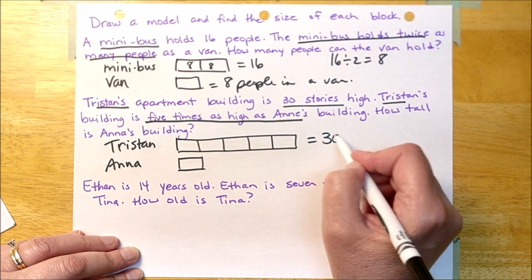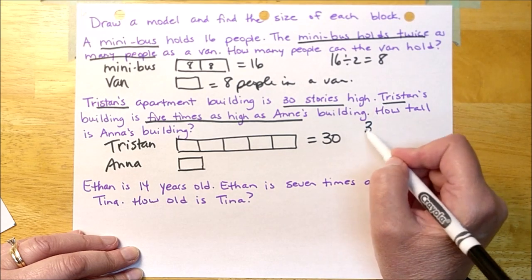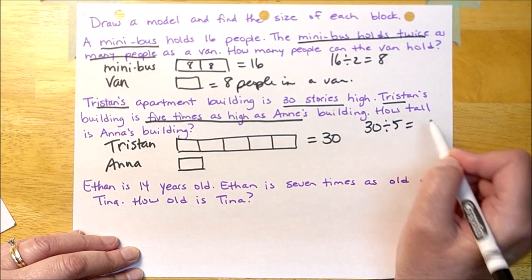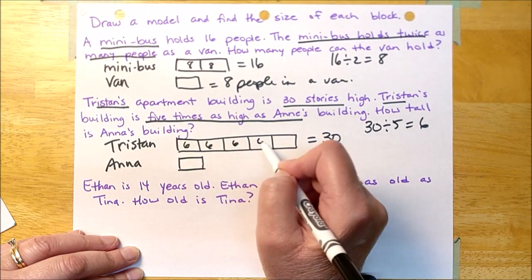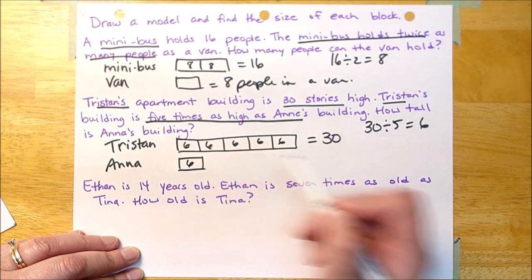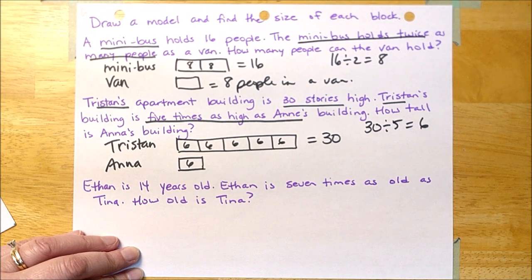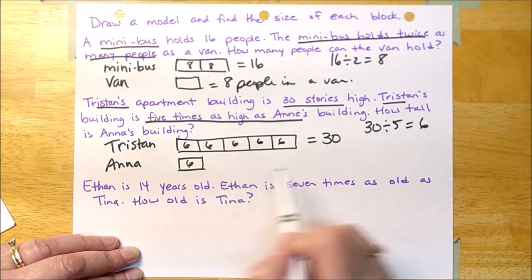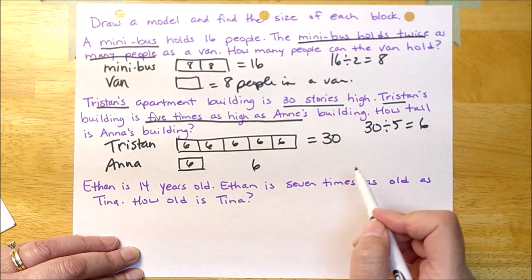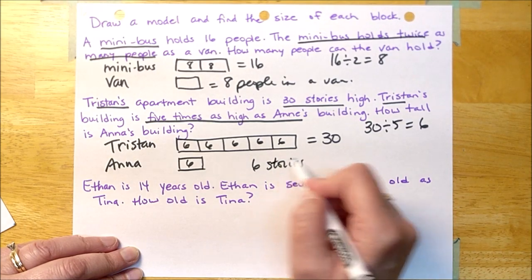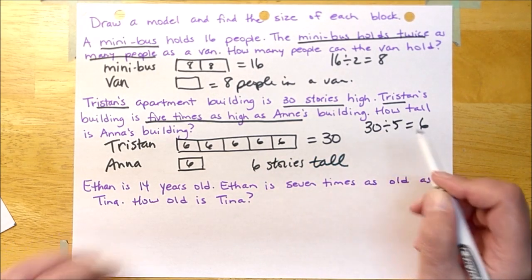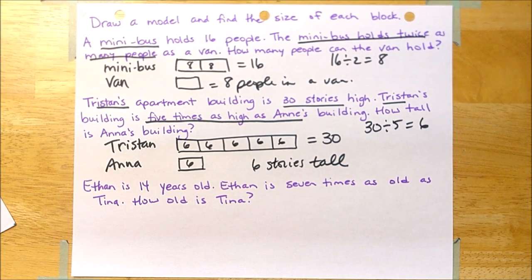So this equals 30. 30 divided by 5 equals 6. So there are 6 in each one of those. So that means that is 6. So Anna has 6, how tall is it? It's 6 stories tall. Fantastic. You rock this. Okay, next one.